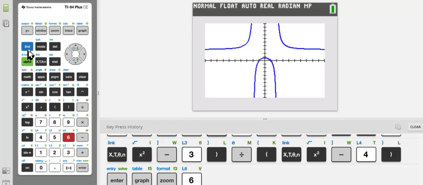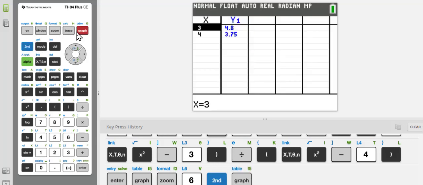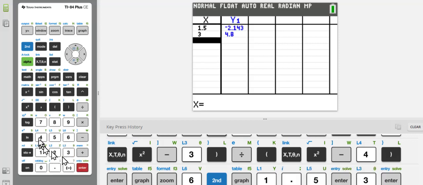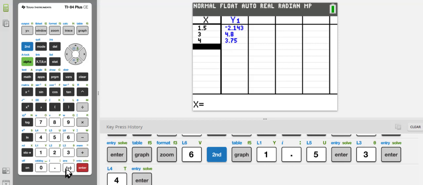What I wanted to do was use the table and type in this 1.5, and also 3 and 4 were the other ones I wanted to know. So we're getting an approximation here: negative 2.143, 4.8, and 3.75.